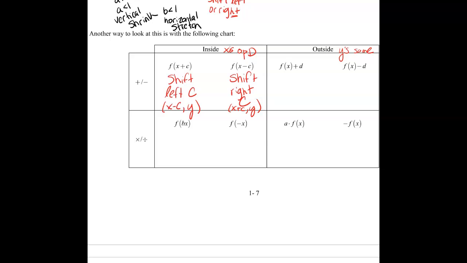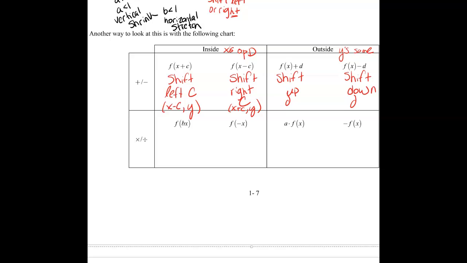And then if I have plus or minus on the outside, what it's going to do is it's actually going to shift me up d. And then I'm going to be shifting down if d is negative. Alright, and then here's where it gets weird, back in my bottom left corner. So I've got f of bx.